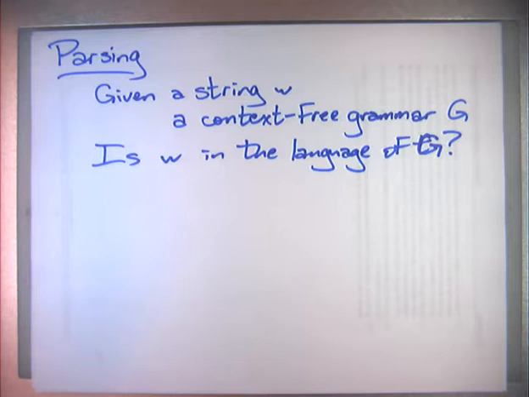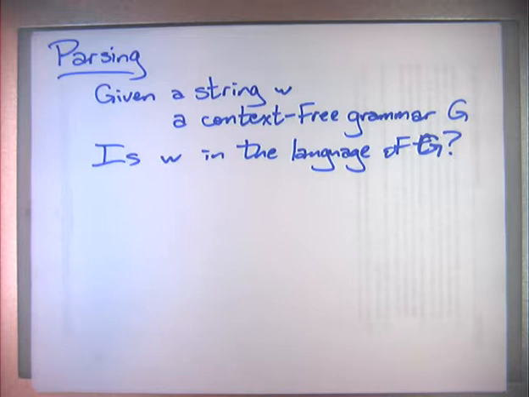Now, actual Python interpreters and compilers don't solve the problem the way I'm going to describe it for two reasons. One, they're written specifically for Python. The grammar is hard-coded into the algorithm. And two, the grammar of Python is not so completely arbitrary. It's actually a very special kind of context-free grammar that allows for faster parsing algorithms.